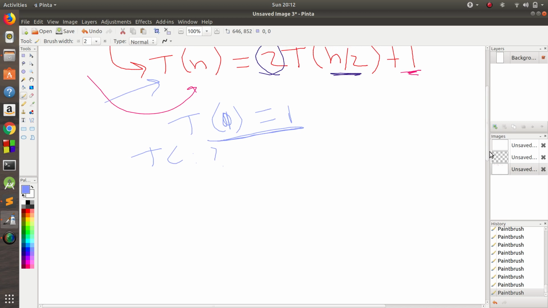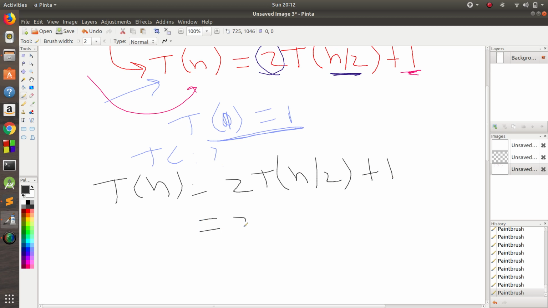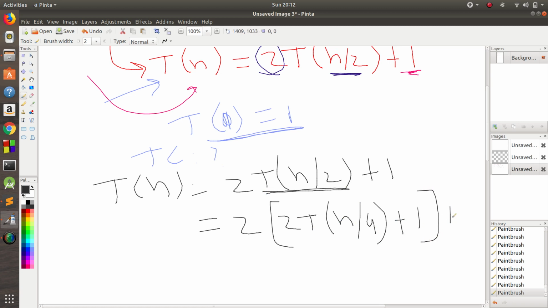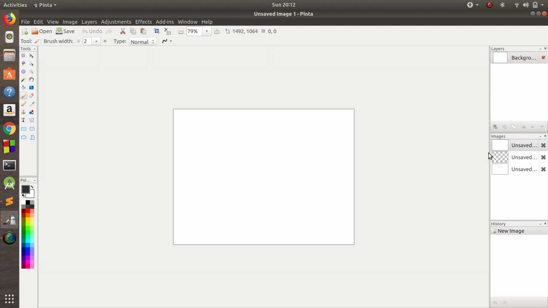For doing so, I'll again rewrite the recurrence function as T(n) = 2T(n/2) + 1. This can be again written as 2 times, and I'll expand T(n/2), so it can be written as 2T(n/4) + 1, and outside the bracket is 1.